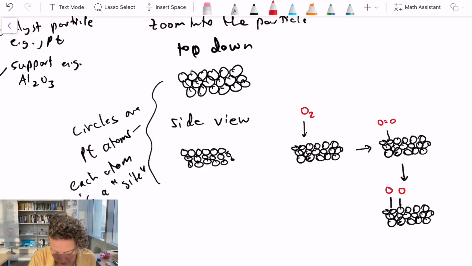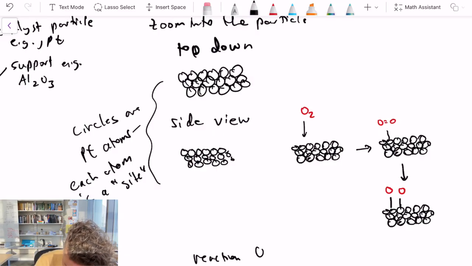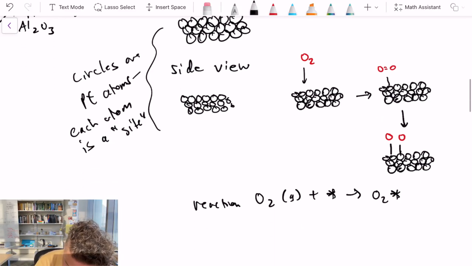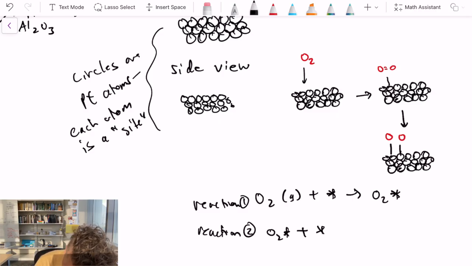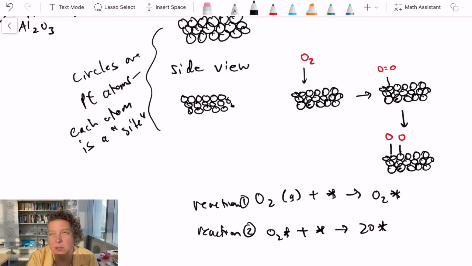So what I've done here is draw a reaction. Actually, I've drawn two reactions. I have oxygen in the gas phase, and that has adsorbed to the catalyst. It has adsorbed to one site, and then it has dissociated. So my adsorbed oxygen molecule now forms two adsorbed oxygen atoms.